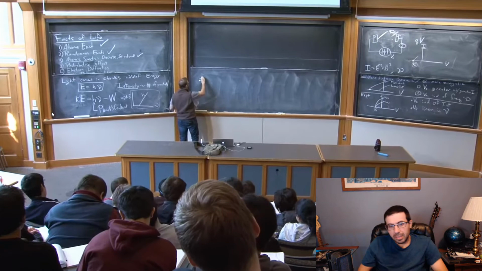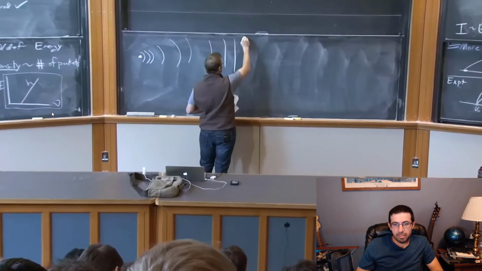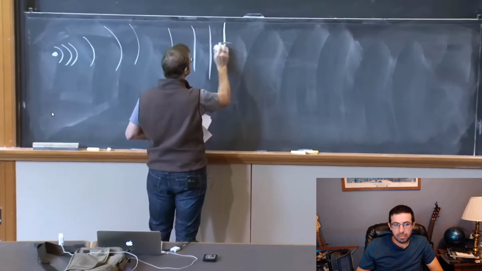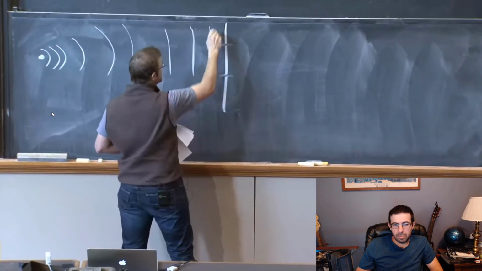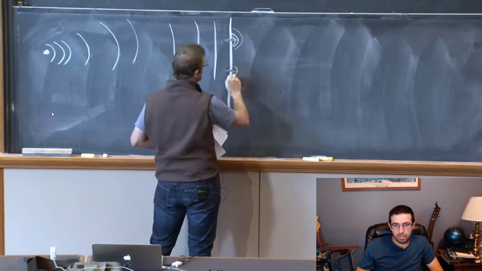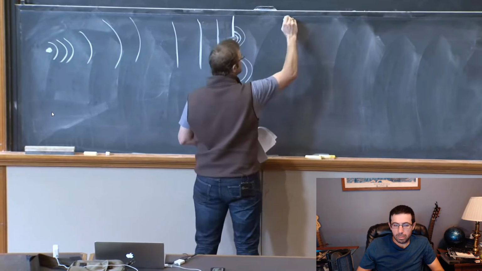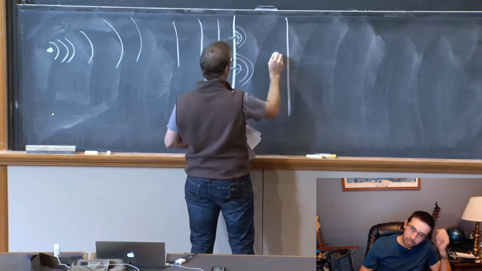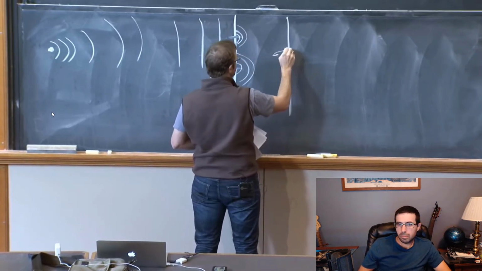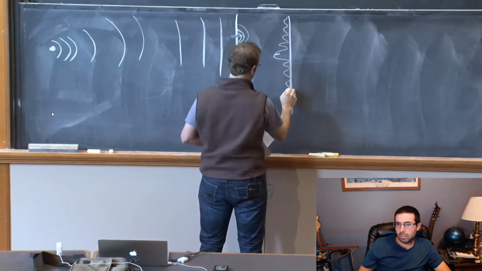So we have a source for waves. We let the waves get big until they're basically plane waves. And then we take a barrier and we poke two slits in it. And these plane waves act like sources at the slits, and you get crests and troughs. And you look at some distant screen and you look at the pattern, and the pattern you get has a maximum, but then it falls off and it has these wiggles, these interference fringes.